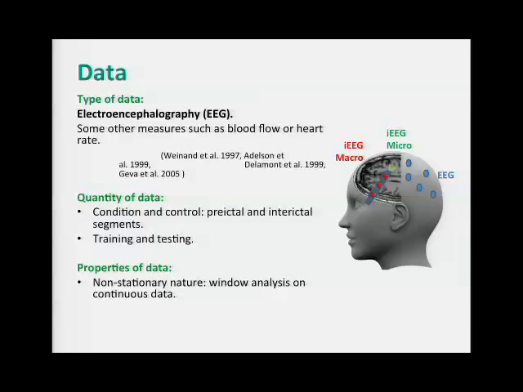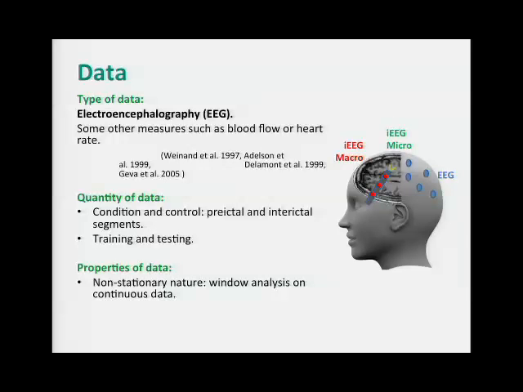Why? Because we can see the seizures on the EEG, so probably we could also see the precursors on the EEG. Many studies have explored surface EEG and intracranial EEG, especially microelectrodes.